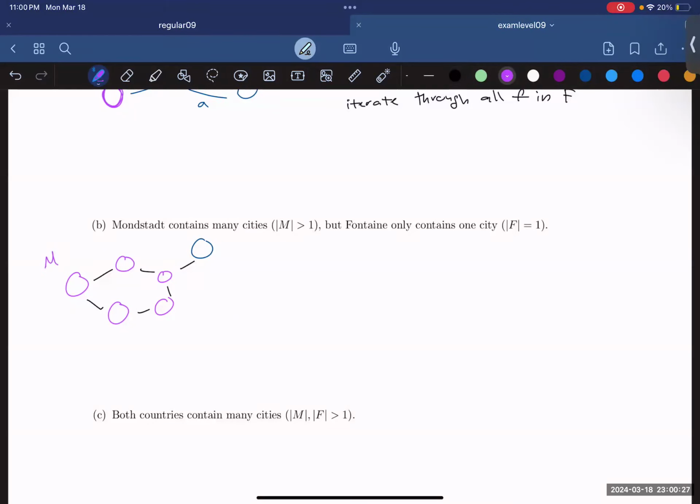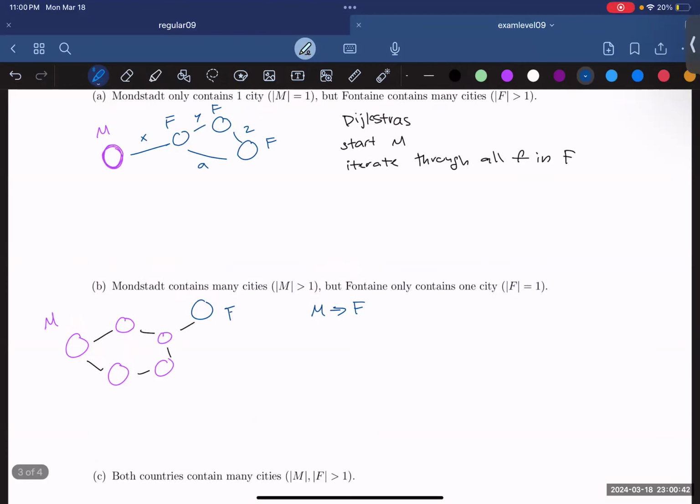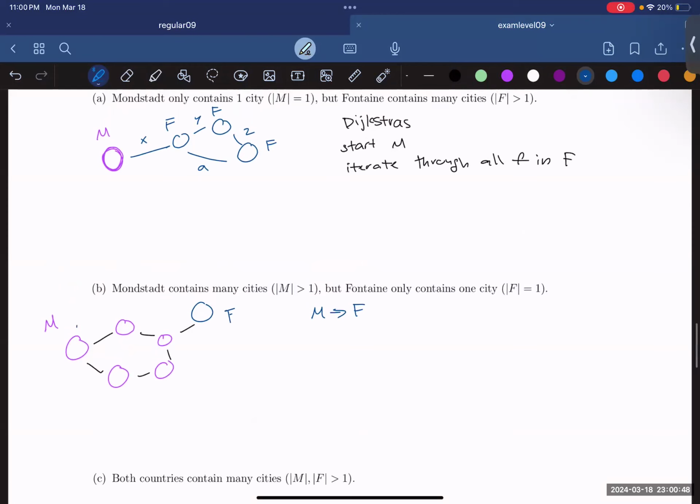Because we want to find the distance from M to F, we can't start at that one city in Fontaine and iterate through everything in Mondstadt like we did for part A. We also don't have a starting vertex like we did in the previous one, because Mondstadt was only one city. Technically, any of these cities could be the starting point of the fastest route.